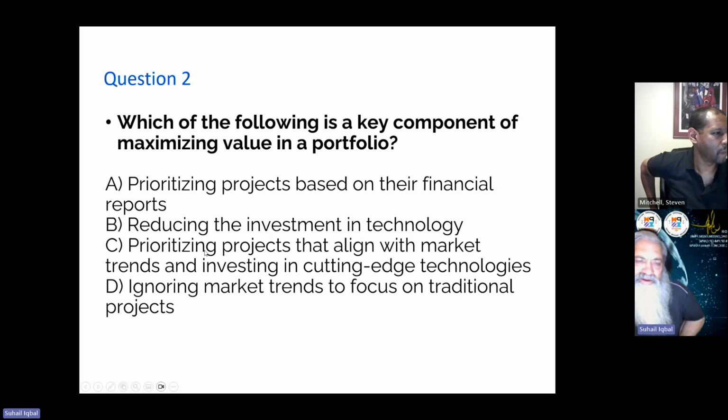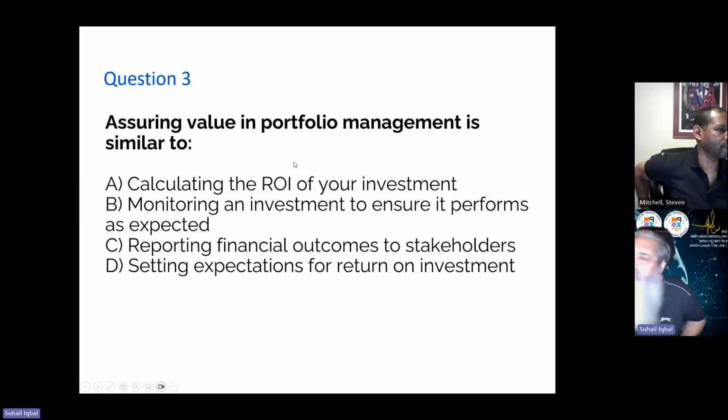Both of them are talking about prioritizing projects. But it is not only financial. B and D cannot be true. A and C, financial reports is not the only thing based on which we prioritize projects. So I would incline more towards C.